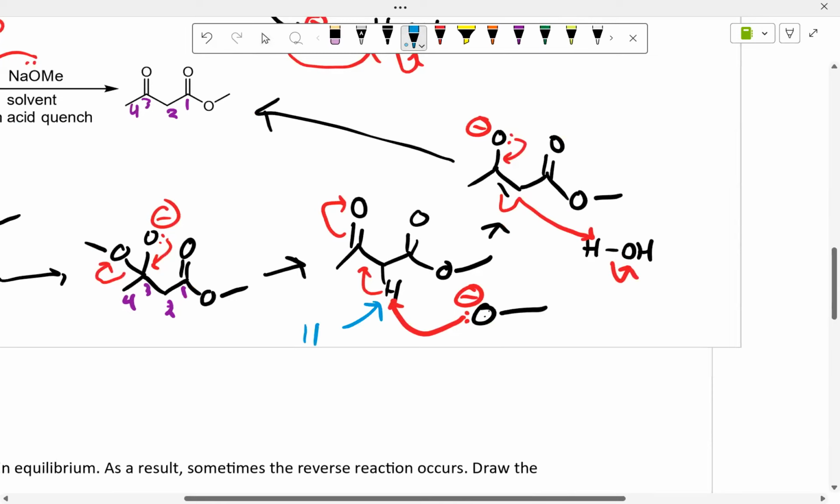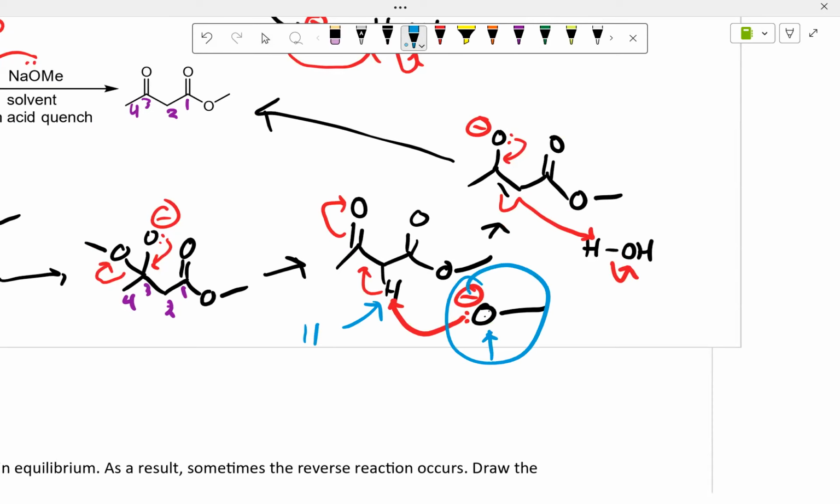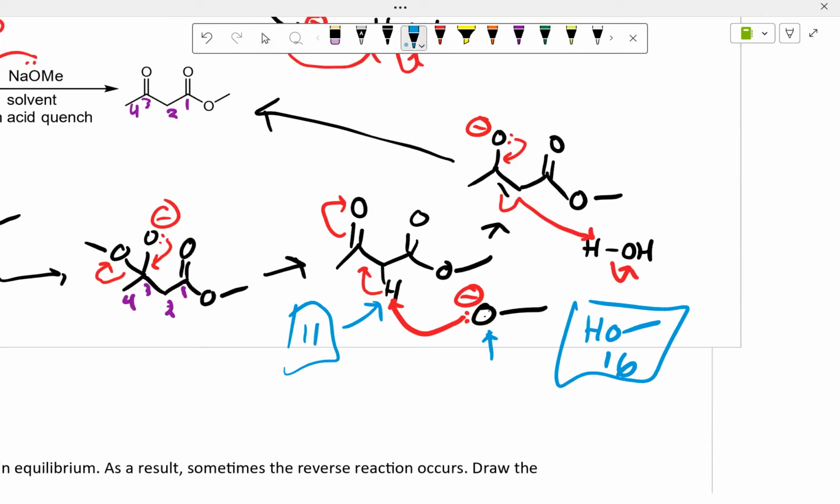And then the pKa of what we form after this protonates, which looks like this, is about 16. So because this has a higher number than this hydrogen, that's also saying that this is more acidic than this. We know that this is going to deprotonate the acidic hydrogen.